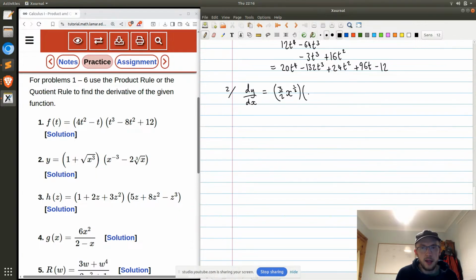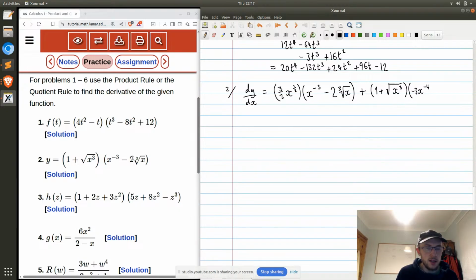And then leave the second function alone. Plus, leave the first function alone and differentiate the second function, in which case we get minus 3x to the minus 4.